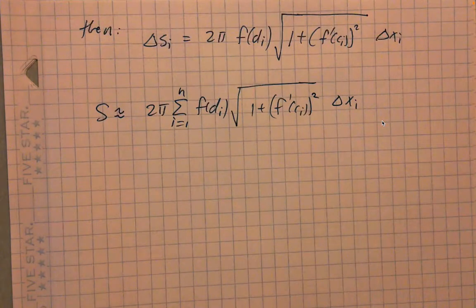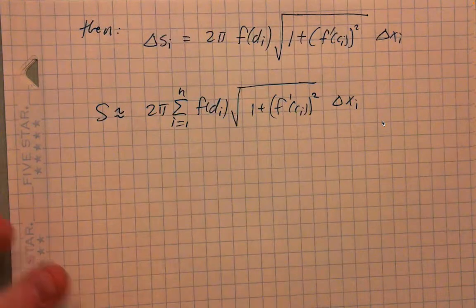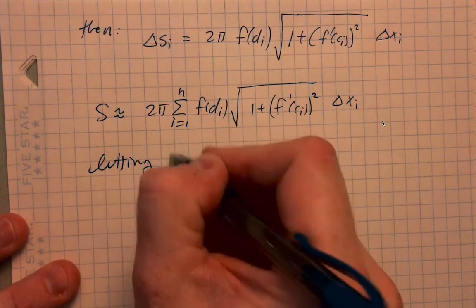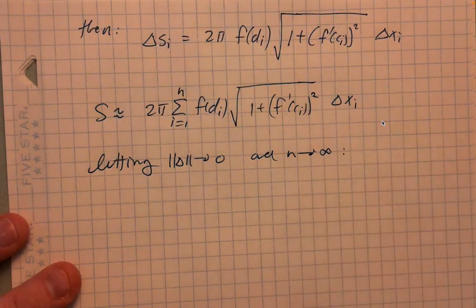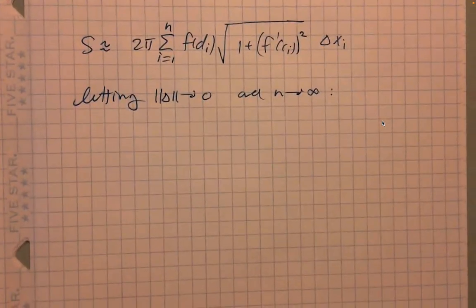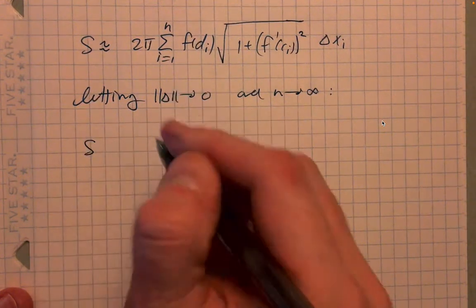This is the approximation for the surface area. Of course, this is an increasingly accurate approximation. So letting the norm of the partition go to 0 and the number of partitions go to infinity, this becomes the integral.